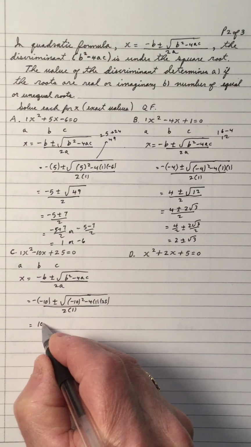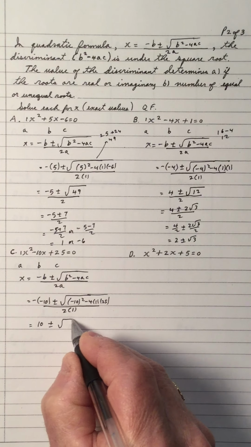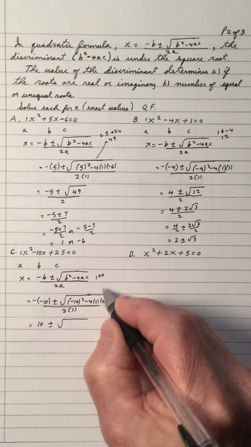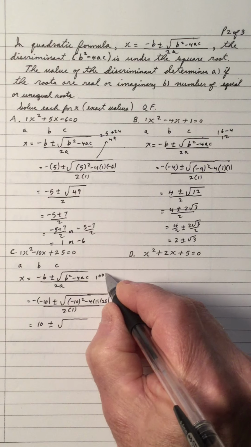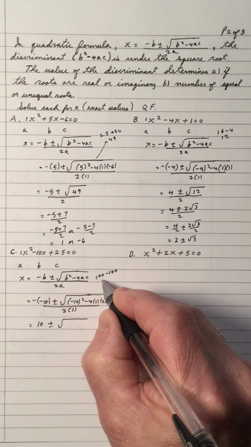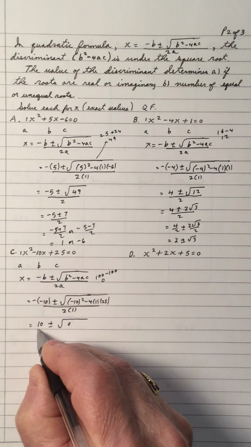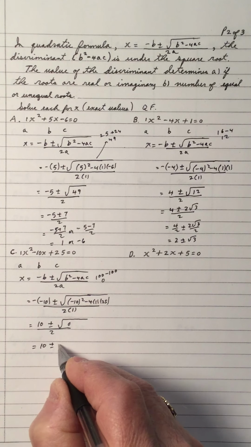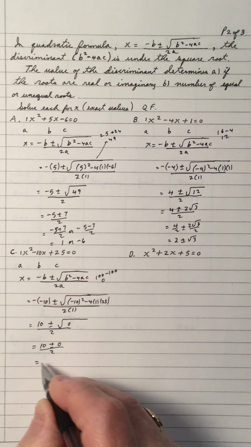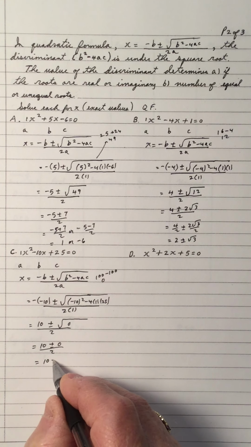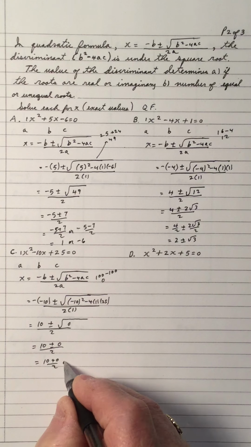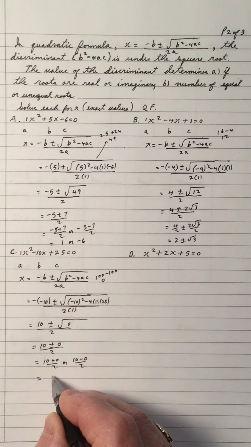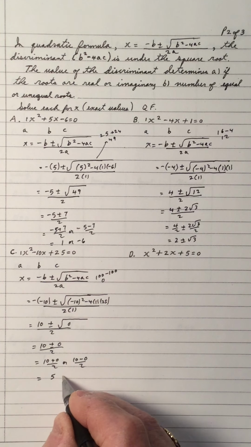The negative of a negative 10 is 10, plus or minus. A negative 10 squared is 100. Negative 4 times 1 times 25 is subtract 100, so that gives me 0, all over 2 times 1, which is 2. So that's 10 plus or minus 0 over 2. So we have 10 plus 0 over 2, or 10 minus 0 over 2. That gives us 10 over 2, which is 5.